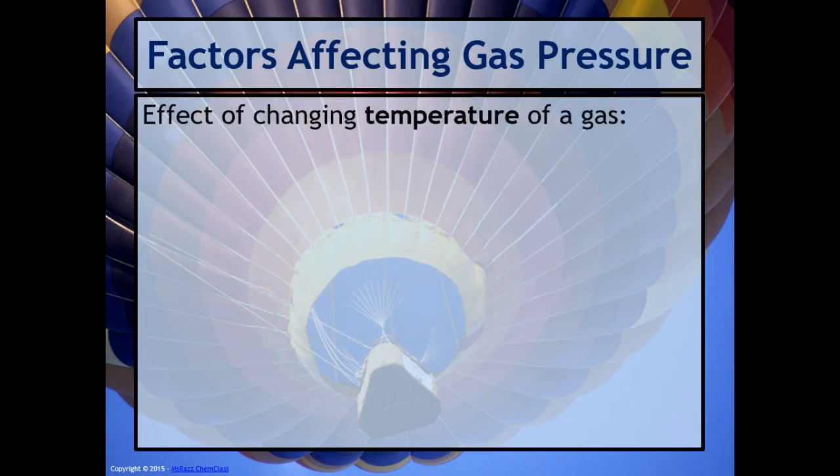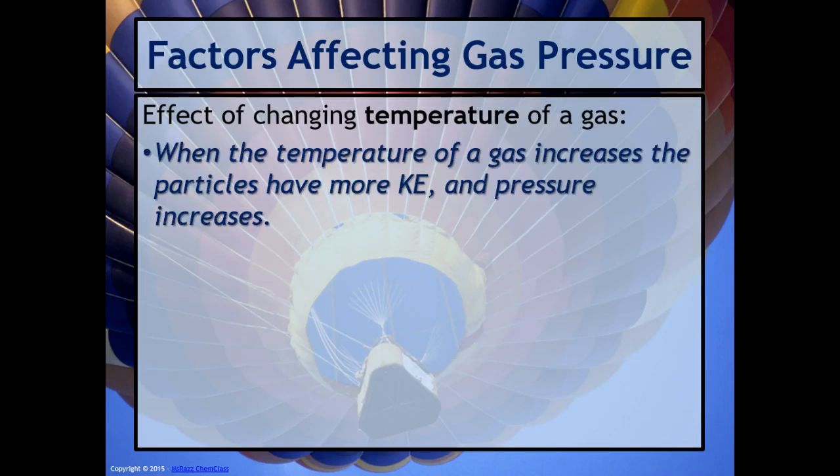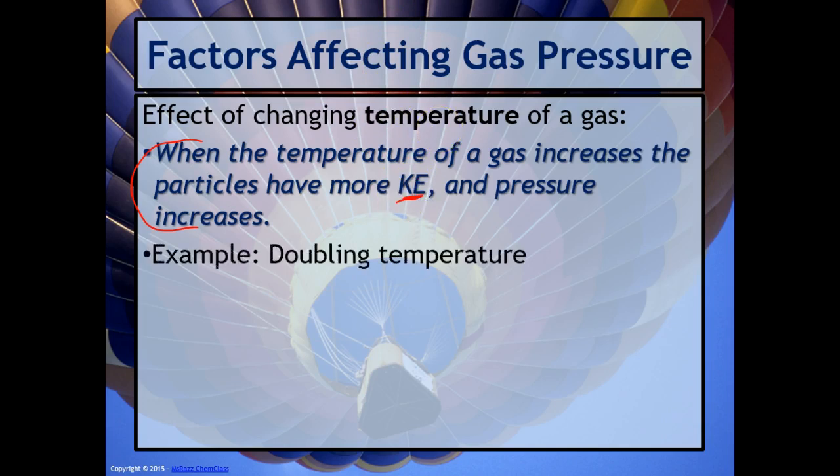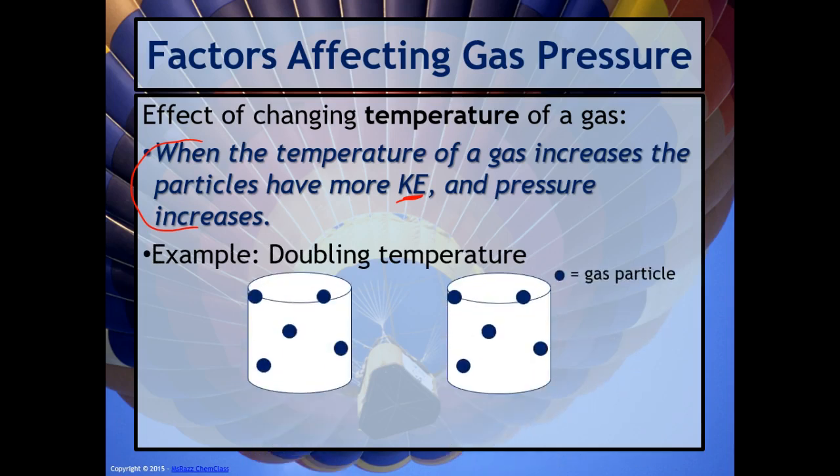Another effect is changing the temperature. You can kind of tell this also: when the temperature increases, the particles have more kinetic energy. That's what KE stands for, kinetic energy. The pressure increases. Why is this? Well, if you double the temperature, you're going to make the particles go faster.